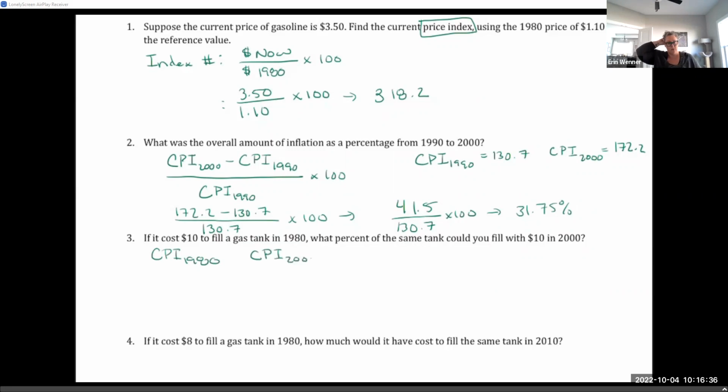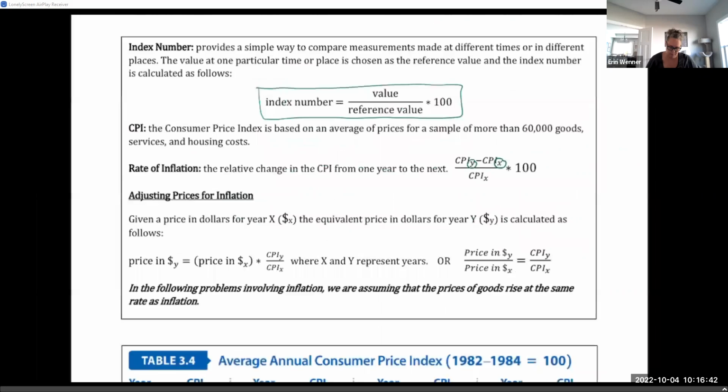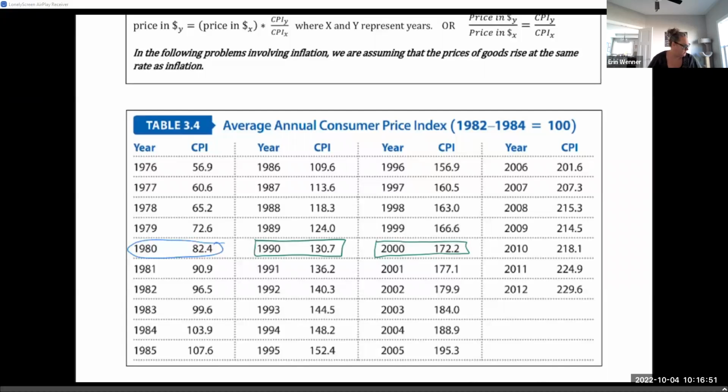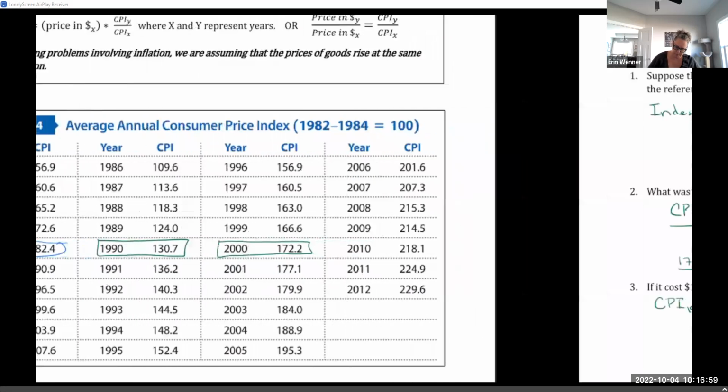So again, we get those numbers from the table on the previous page. So if we go back that page, we're going to look at our table. CPI of 1980 was 82.4. CPI for 2000 was 172.2. So we're going to pull those over.